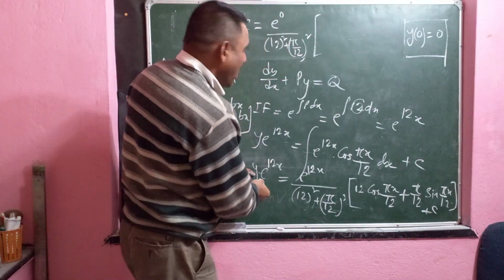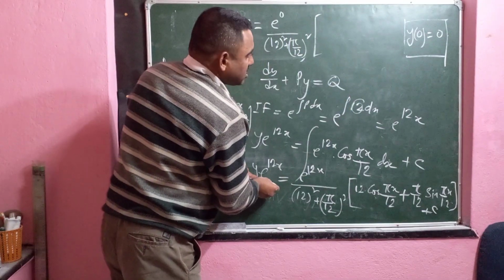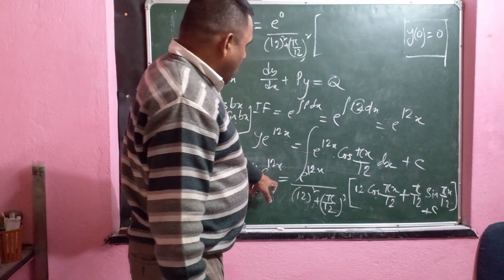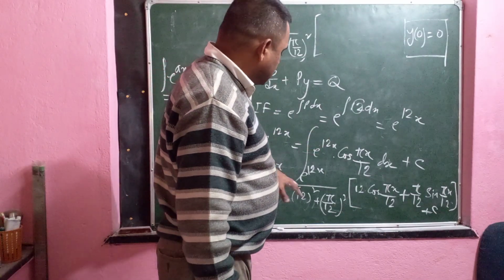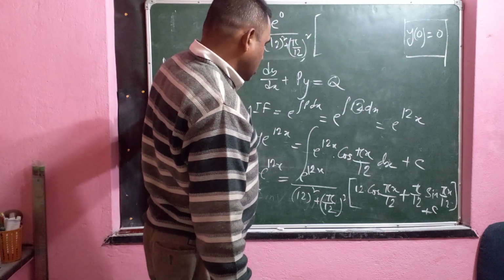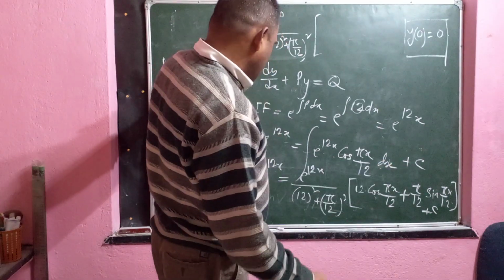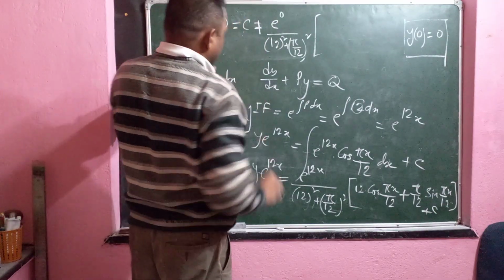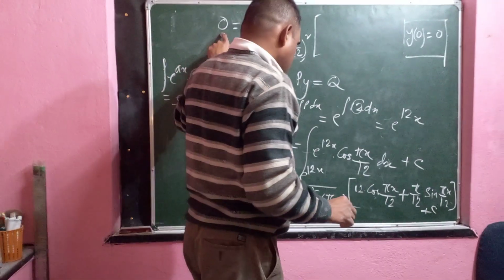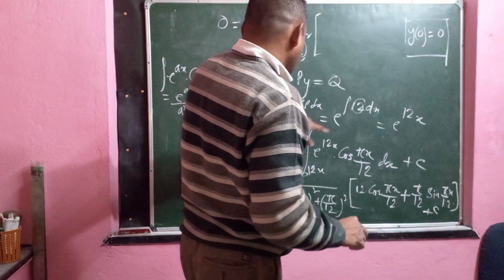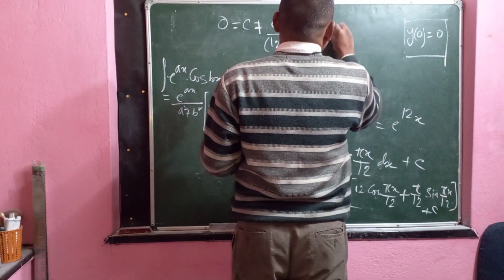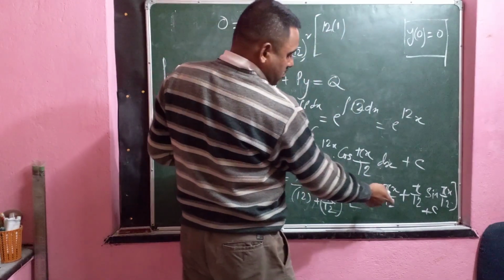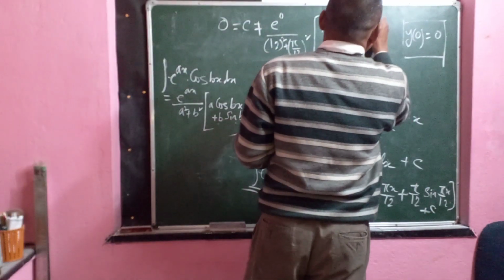Because this part is 0, y is 0, e to the power 0 is 1, but 0 into 1 is 0, and there is c. So left hand side is 0, let's see what happens on the right hand side. 12 cos 0, cos 0 is 1 because x is 0, and then this part is 0.